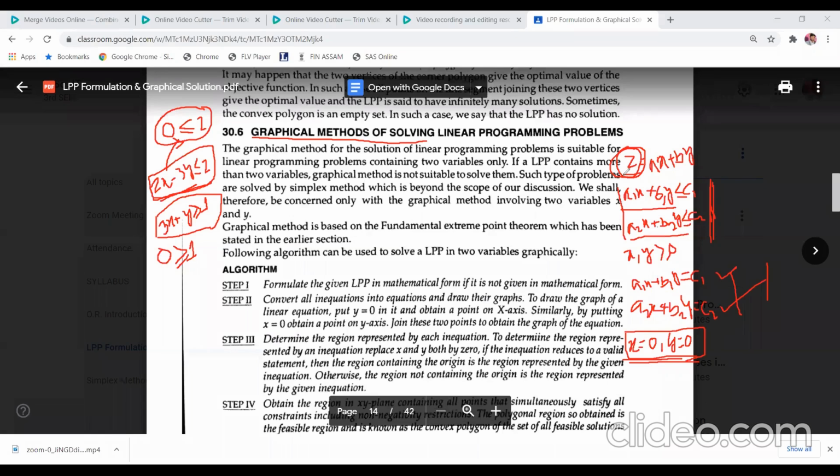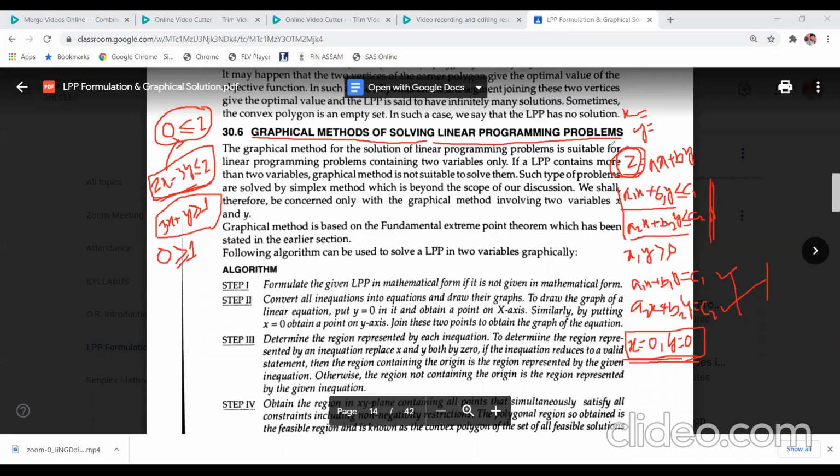Similarly, if the problem is one of minimization, then you need to check at which corner point you got the minimum value of Z. And that corner point will give us the values of X and Y, and that serves our purpose of finding the solution of the given linear programming problem.